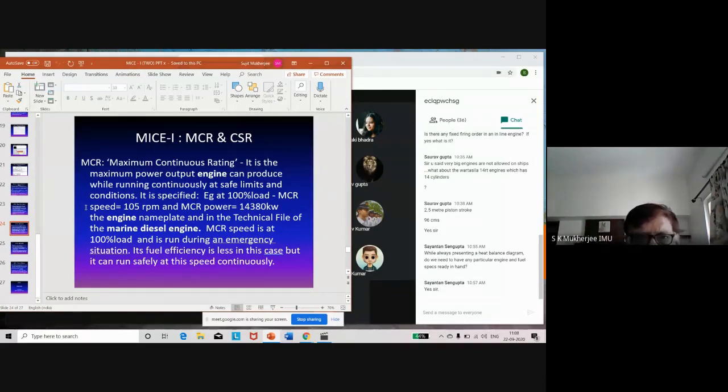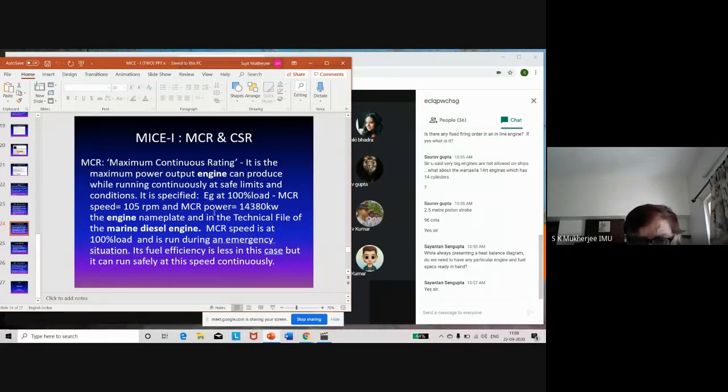Okay. So if it is specified, for example, as 100% load as MCR, and the speed is 105 RPM maximum, and MCR power is equal to 14. These are just examples of what MCR is.